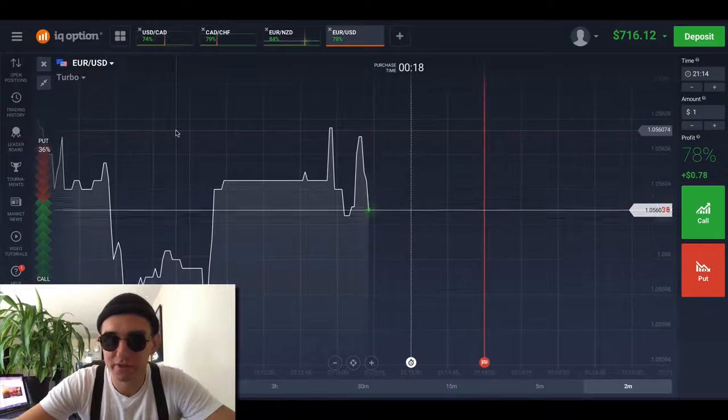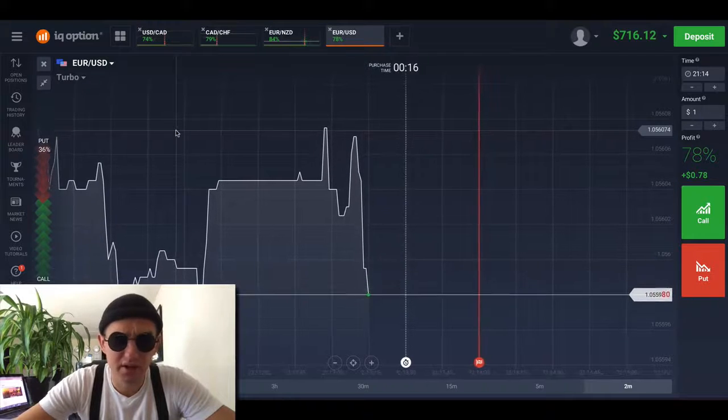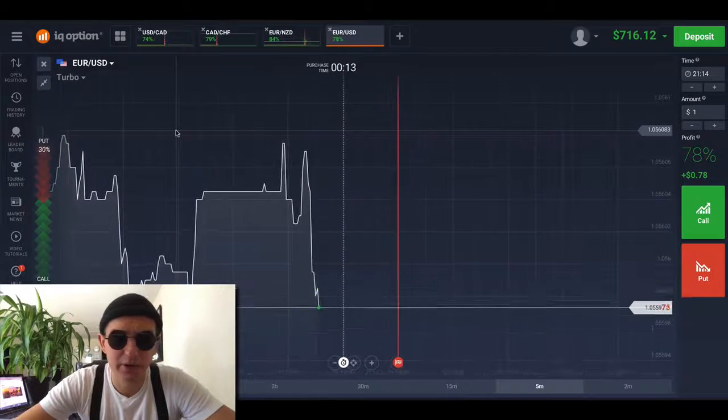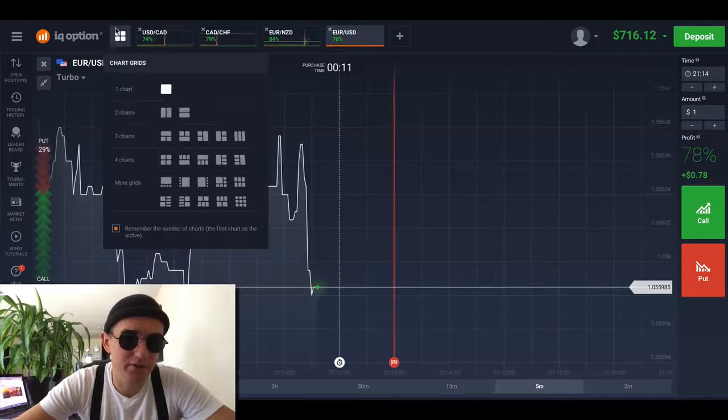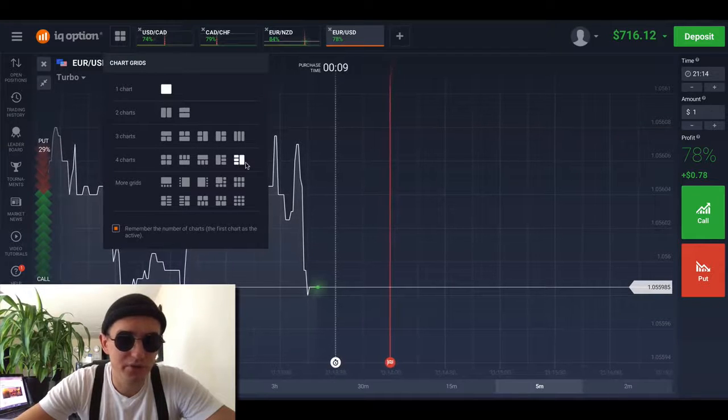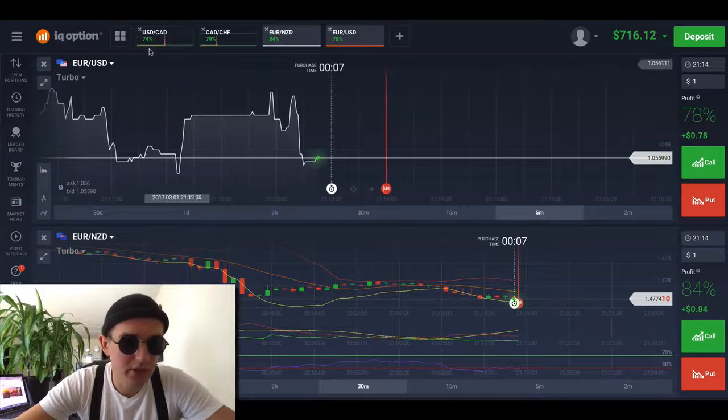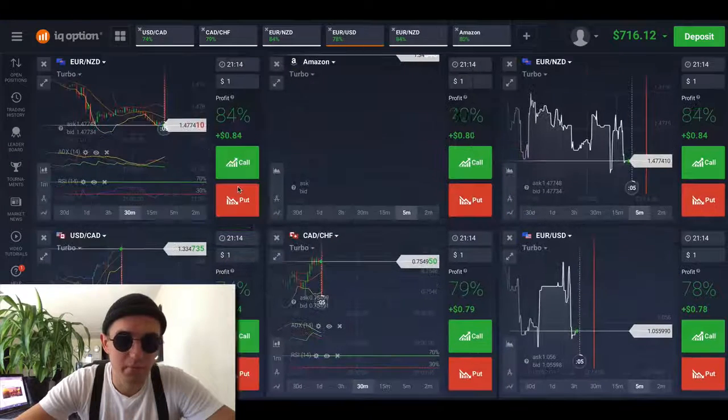What I like in this particular one is that it has a really nice layout, the way the graphs are plotted, and I do like the feature where you can use two graphs or multiple graphs.